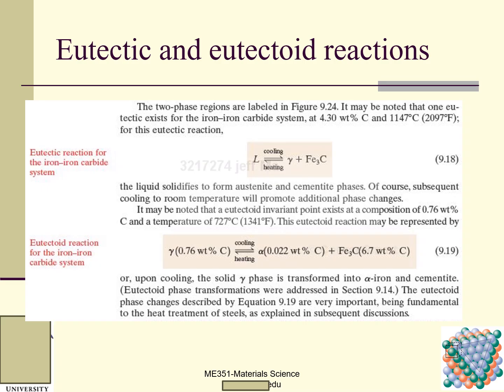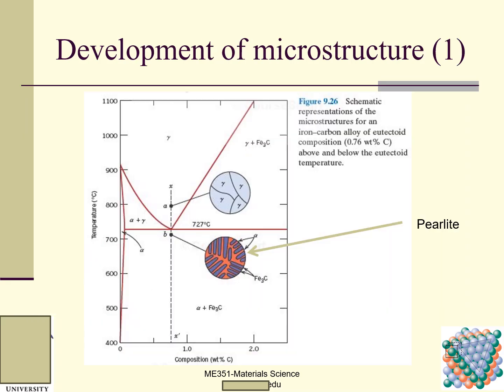I want you to know at what conditions this happens and the composition percentage of each phase, specifically for this iron and iron-carbide phase diagram.